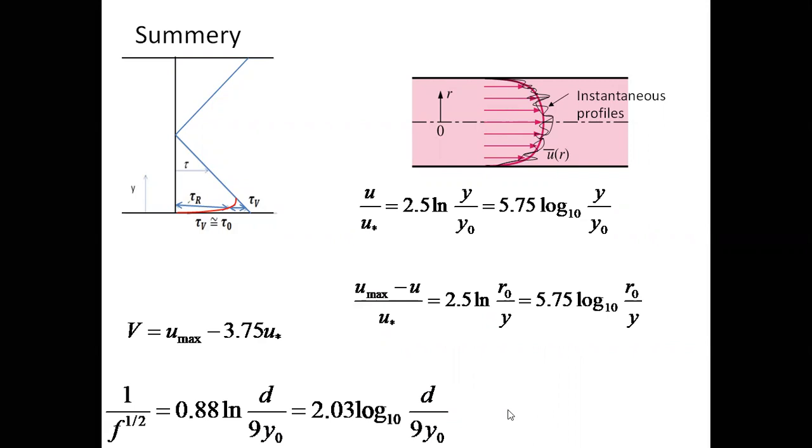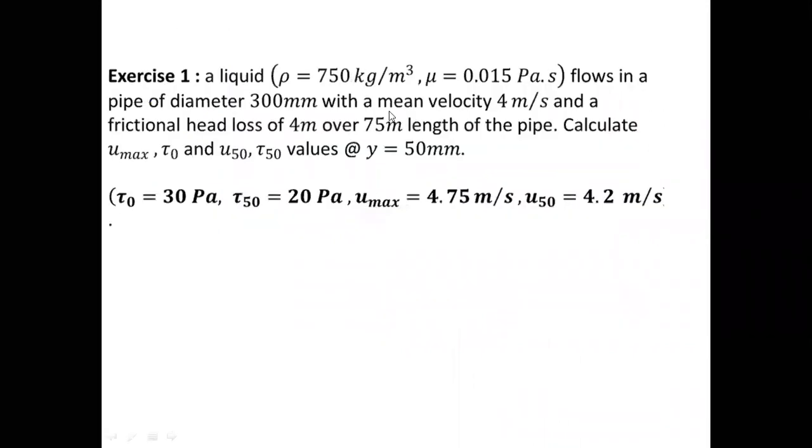With that, I have given you two exercises. The first exercise: you can see a liquid with density 850 kilograms per cubic meter and dynamic viscosity mu of 0.015 kilopascal second flows in a pipe of diameter 300 with mean velocity 4 meters per second, and the frictional head loss is 4 meter over 75 length of the pipe.